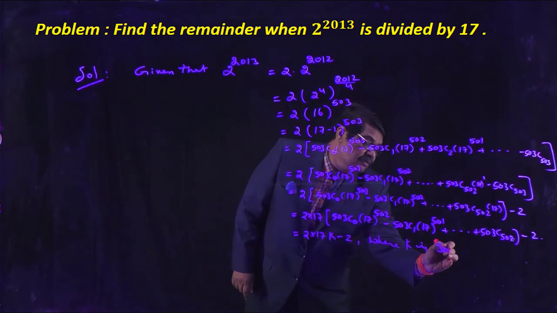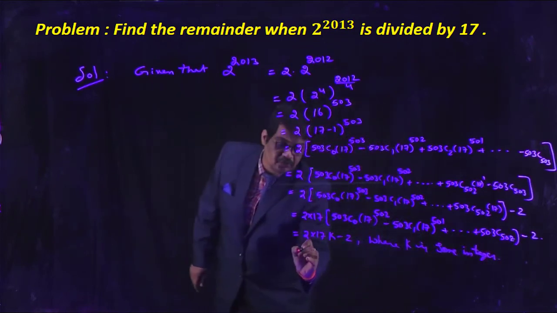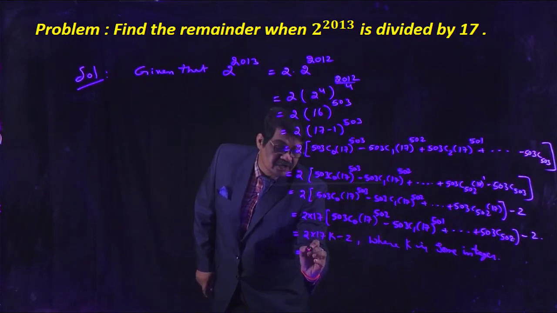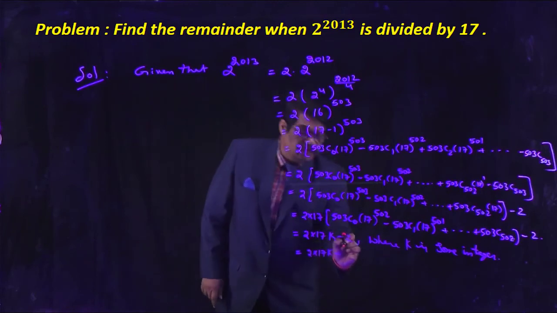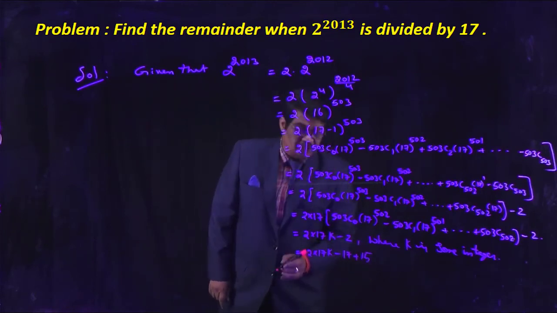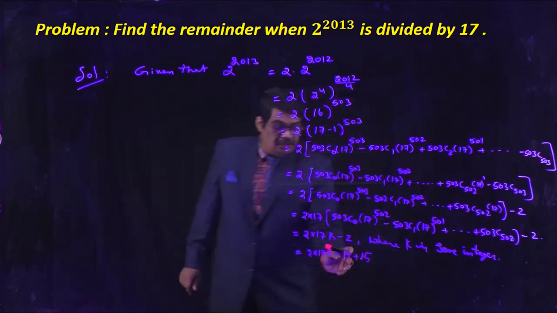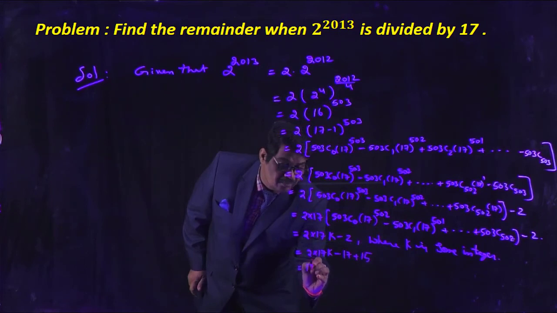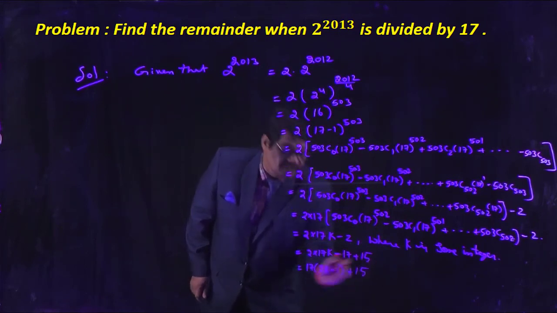This 2 into 17k, and this minus 2 can be written as minus 17 plus 15. In these, 17 is common, that is 2k minus 1, plus 15.